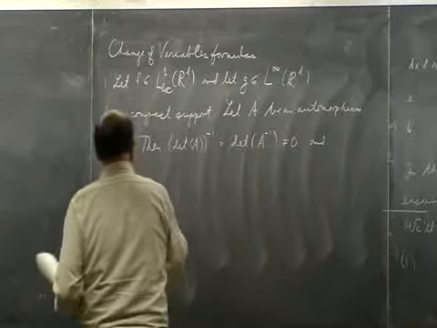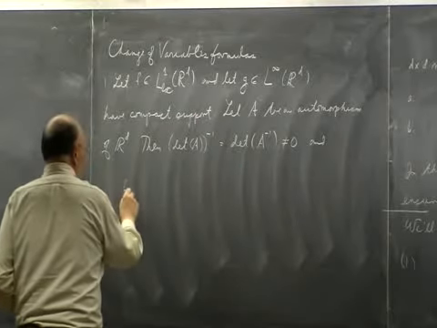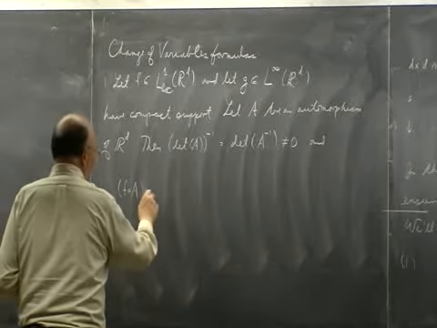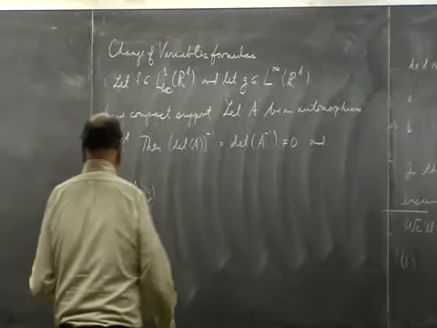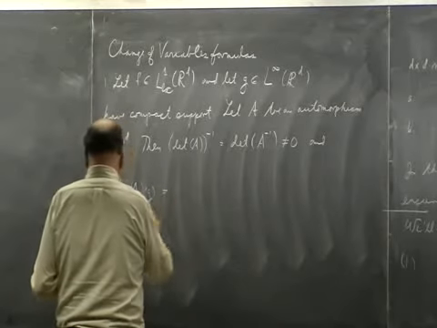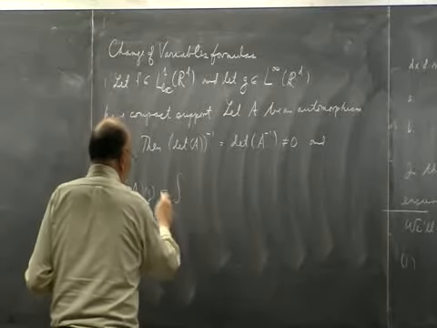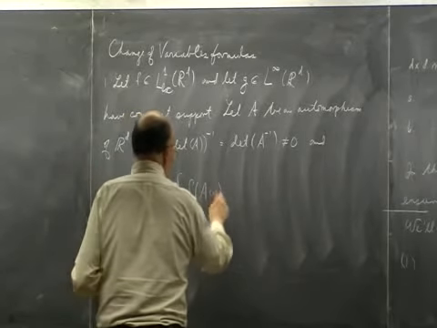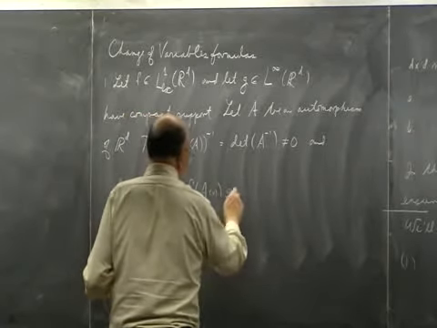And if I look at the composition, F composed with A operating on G, that's just equal to, by definition, the integral of F of A of X, G of X, over R^D.